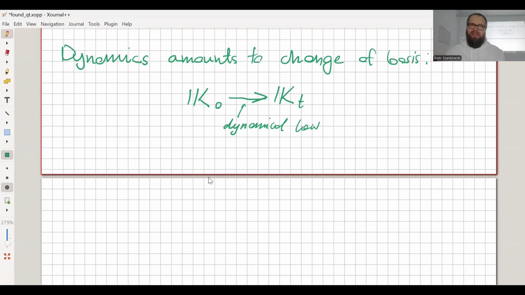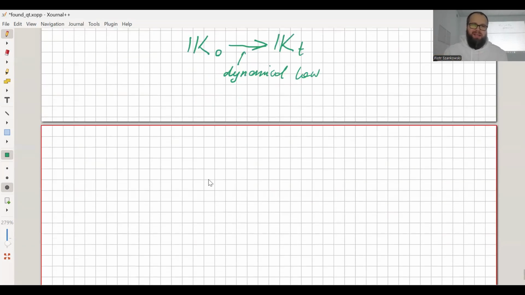So if dynamics is nothing else than the change of basis, we can succinctly parameterize or represent it with a unitary operator, a t-dependent unitary operator that executes the change of basis, right?